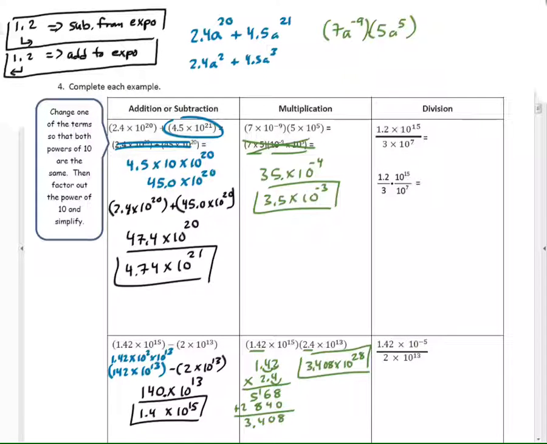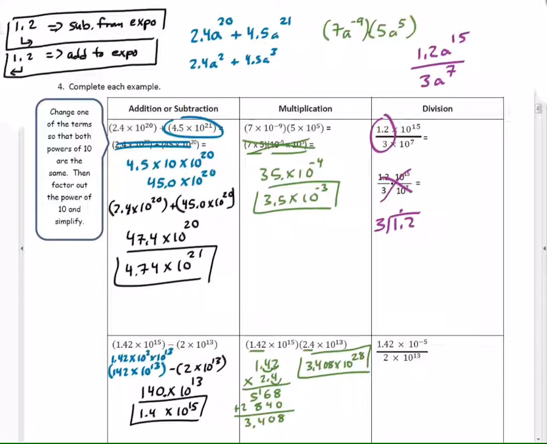Division is just like multiplication. So like if I had 1.2 a to the 15th, and then I divided it by 3a to the 7th, that's what we're doing right here. I'm not going to pay attention to this. I'm just going to go that divided by that. So 1.2 divided by 3.